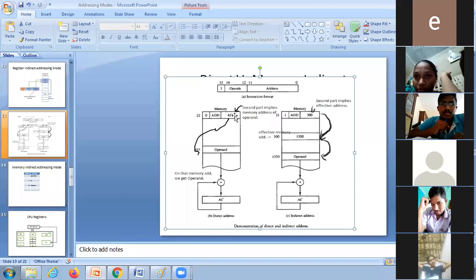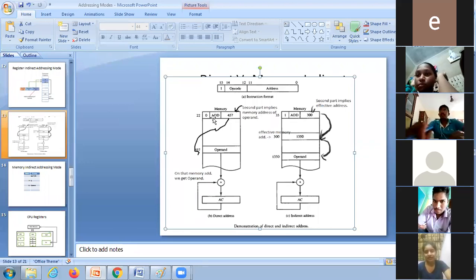Add 457 is an example of an assembly language instruction. Suppose you have a hash here. Add hash 457. What is the meaning of it? Please respond.